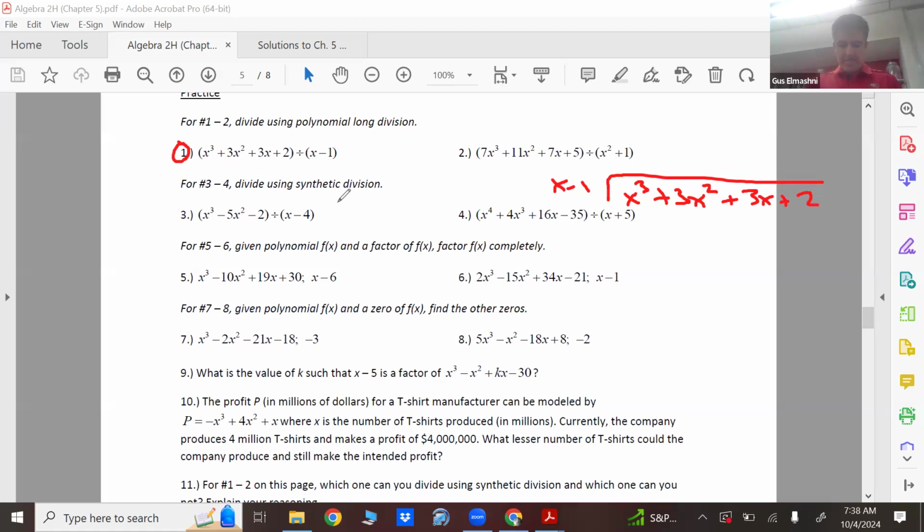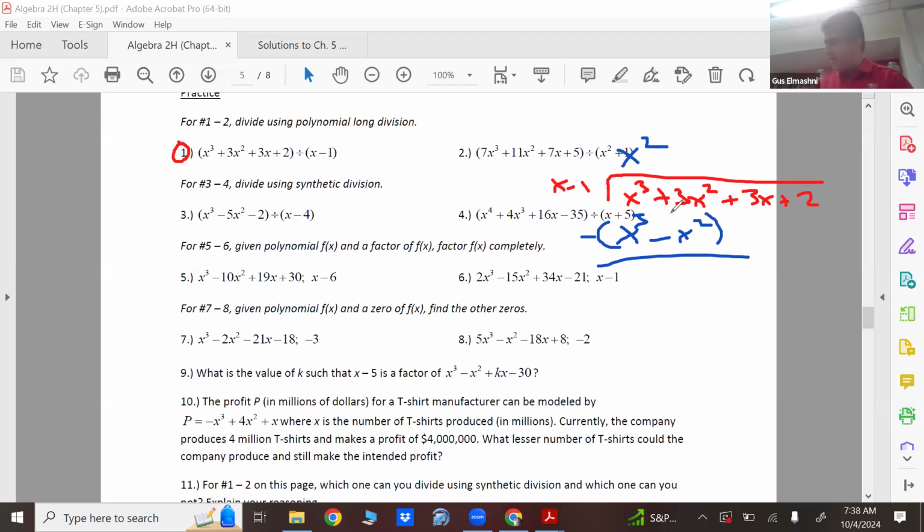So what would that be? Wouldn't it be one time? x squared times. So you want to put x squared right here. So it comes x cubed minus x squared. Then you subtract. x cubed goes away.